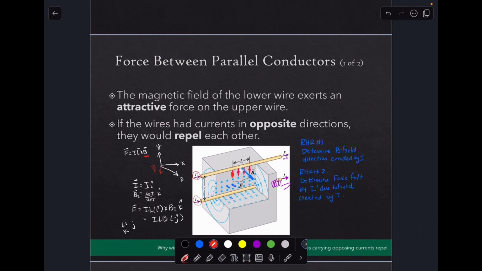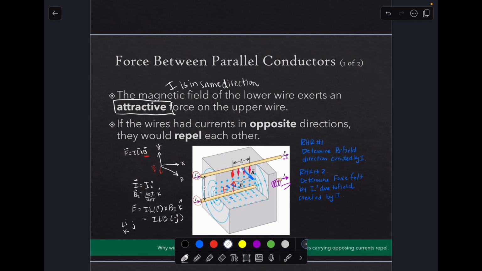The two cases we need to consider in order to understand the direction of the force: if the wires are carrying current in the same direction, which is in the picture here, then the force is attractive. That means the force direction that this wire feels will be pointing directly towards the other wire. So they feel an attractive force.